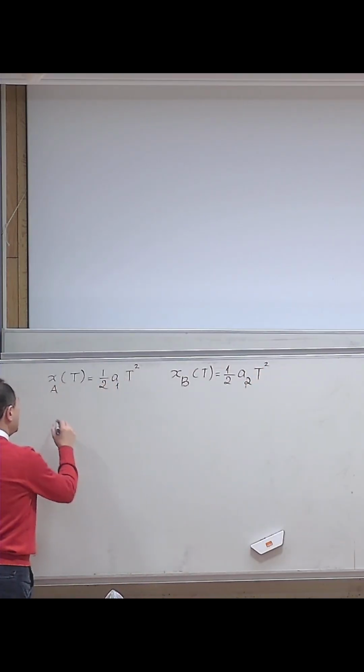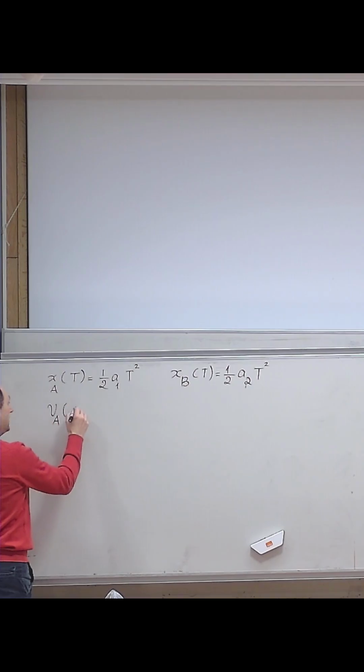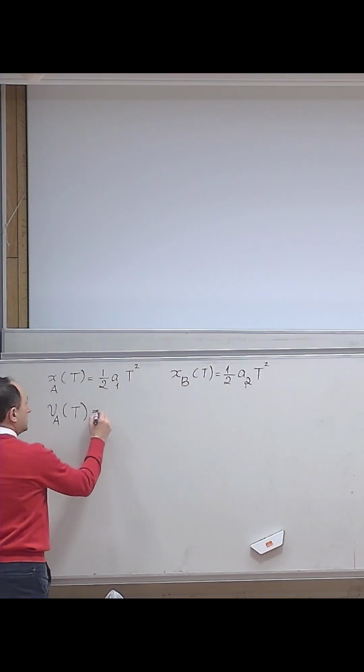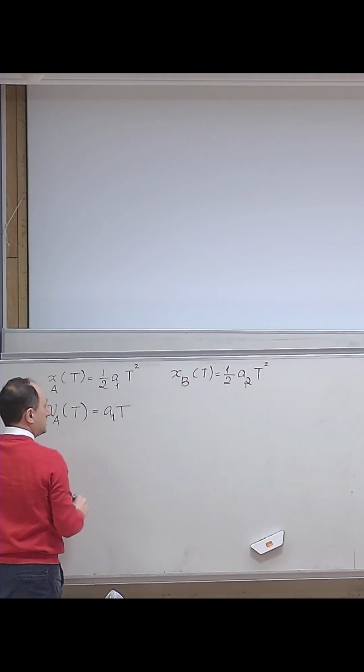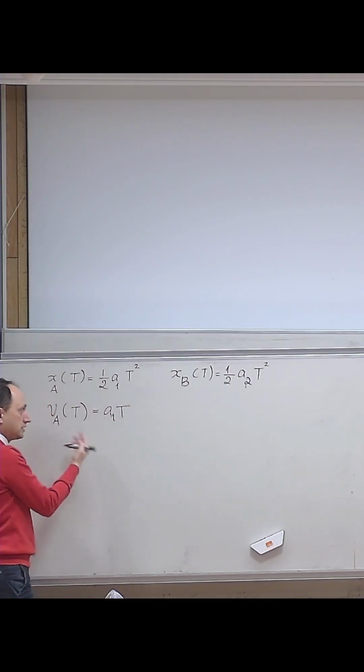And for velocities, we can also write the velocity of car A at the generic time T is equal to a1 T plus, of course, the initial velocity, which is 0.